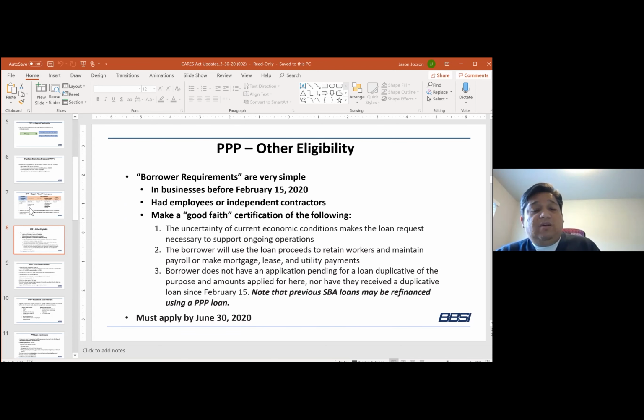So one thing to note, if you've already reduced your workforce and apply for this particular program, you get approved. Pretty much everyone will get approved for this, but it just depends on the amount. If you include those employees' reduction in the calculation of your application, you have to recall them by I think June 30th.